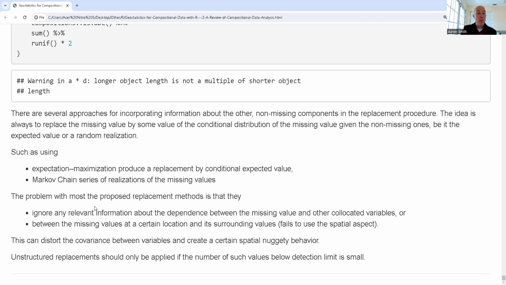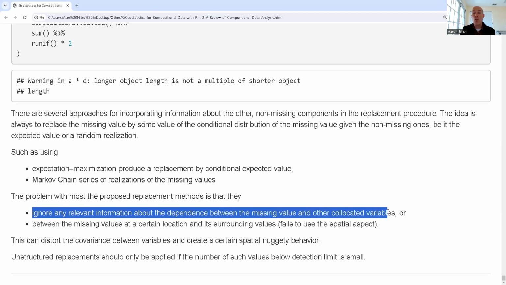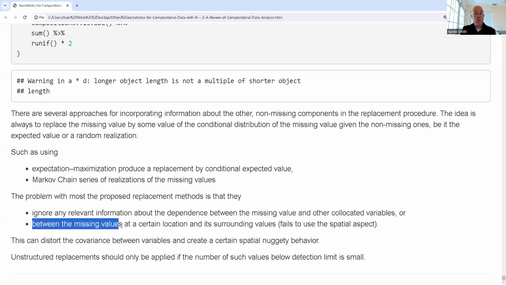The problem with most of the proposed replacement methods is that they ignore relevant information about the dependence between the missing value and other co-located variables, or they ignore the information between missing values at a certain location and its surrounding values. So it fails to use the spatial aspects.